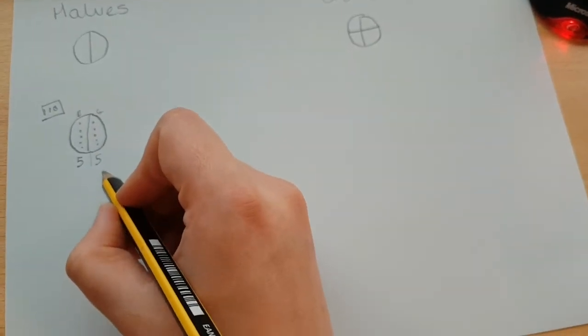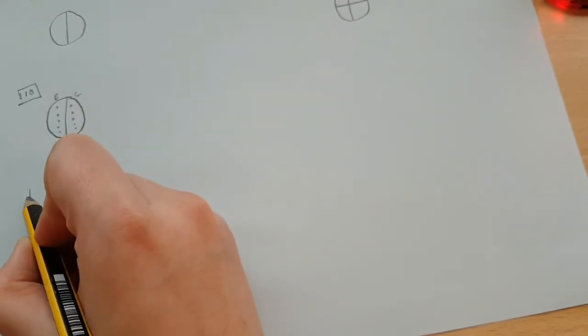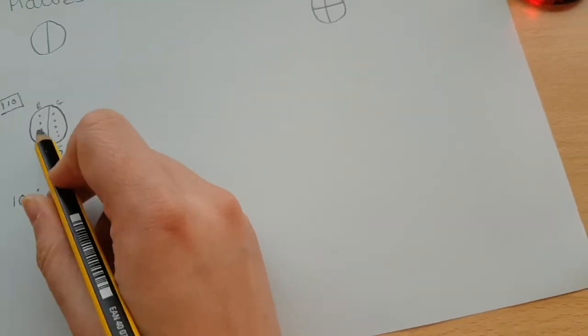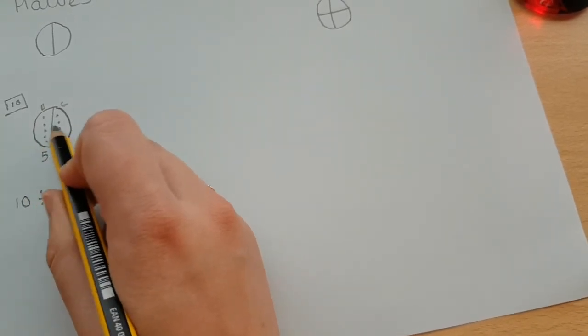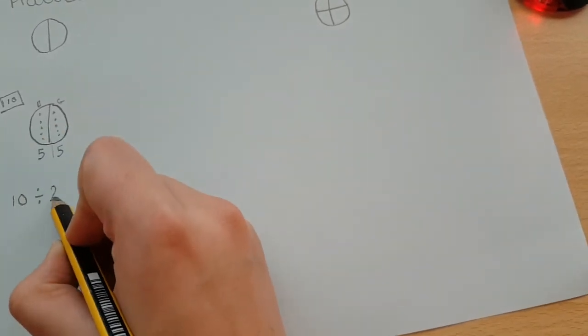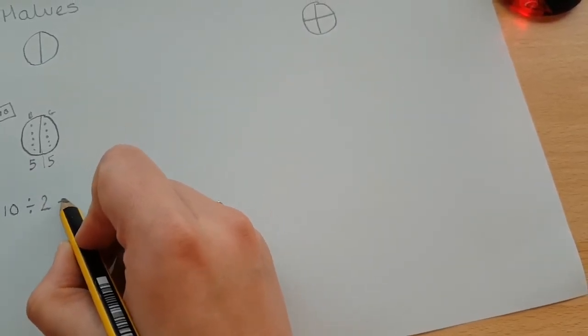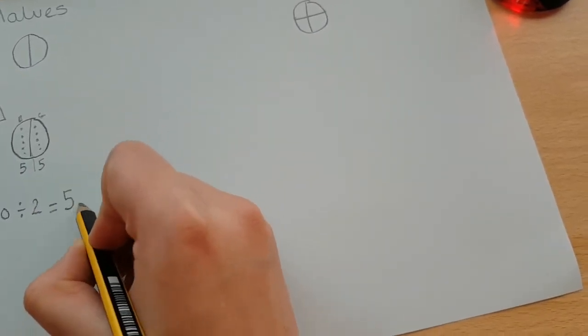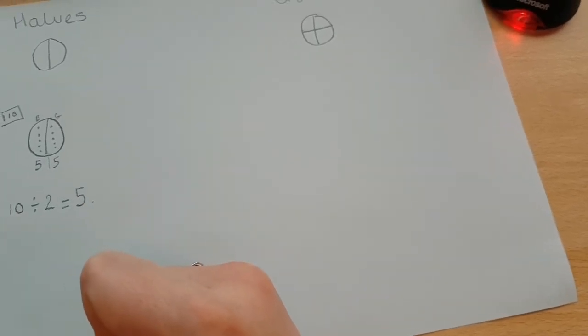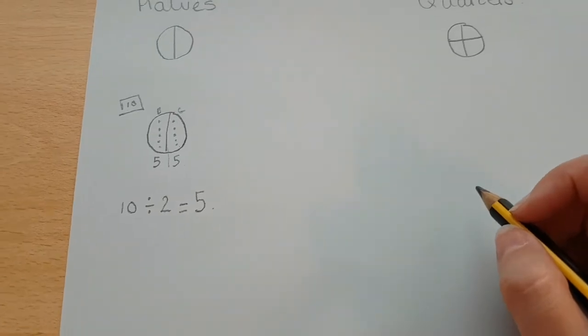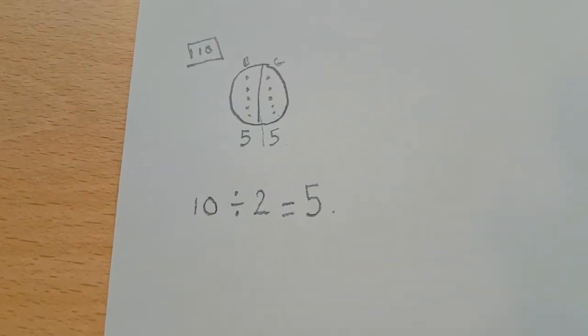Okay, so half of 10 is 5. 10 shared between 2, because halving is about splitting something into 2 equal parts. So 10 shared between 2, or half of 10, gives us 5 each. Okay. Oops. Just realised I went straight off the screen there. Sorry, guys. Okay, so there's my example of working that out.